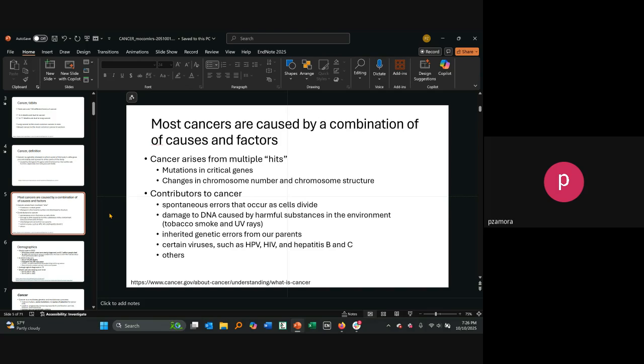That's the one that comes to mind at the moment, but there's a bunch of others. So again, they contribute to cancer. They put individuals in a situation where they have an increased risk of developing cancer, presuming that the mutations and changes in chromosome numbers actually occur.